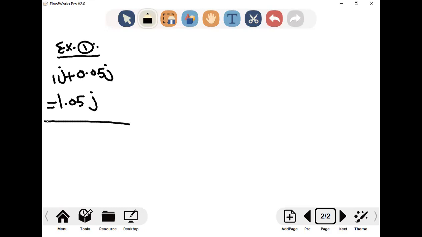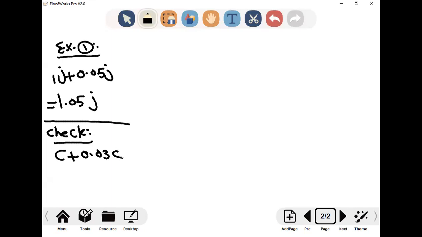Done? Check after this example, on the next page, page 235. The cost of a new pair of shoes after a 3% markup can be represented by C plus 0.03C. They want us to simplify this expression.